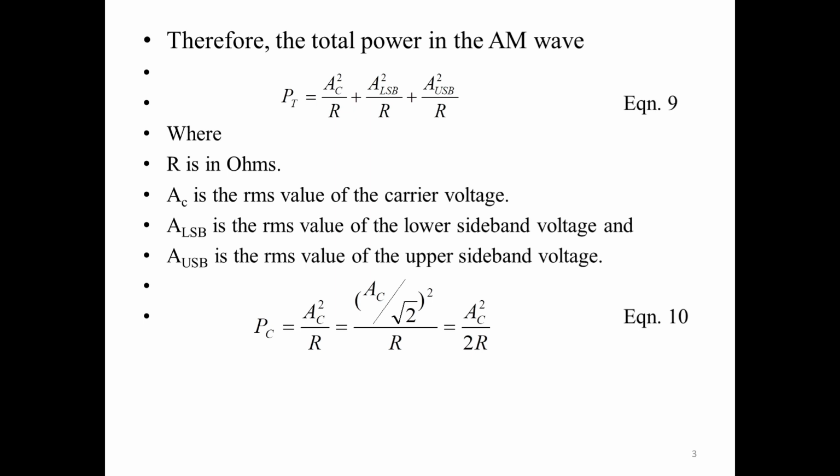If we put that in equation 9, it gives us that the power in the carrier will be PC equals AC squared over R, which is AC over root 2 squared over R, which is AC squared over 2R, equation 10.